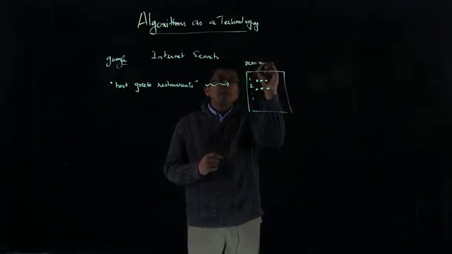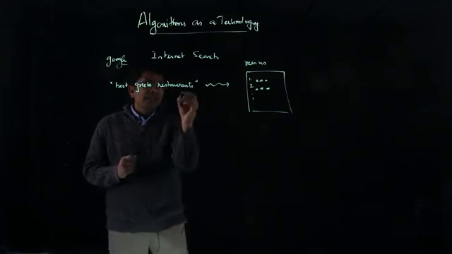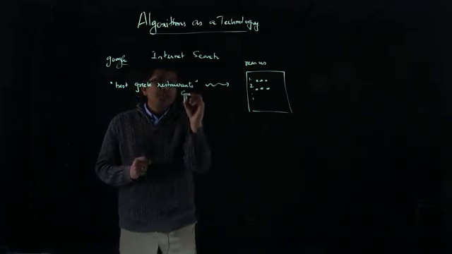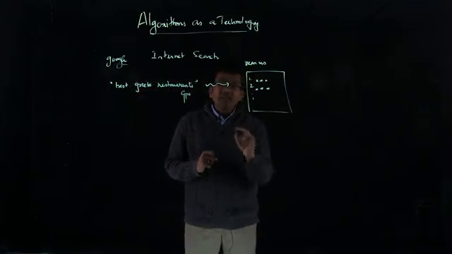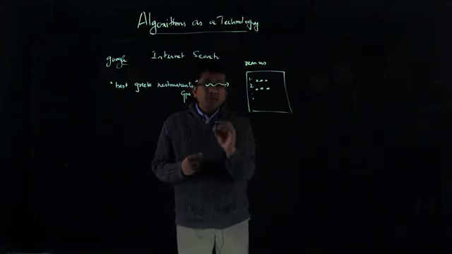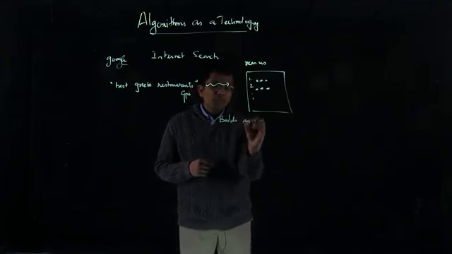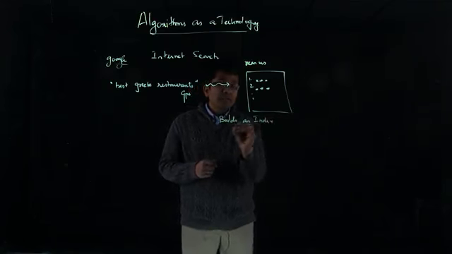Okay, so one of the things that happens is it knows your GPS location, the approximate location from which you are asking. So what Google can do is it builds up an index, and this index has been built beforehand.